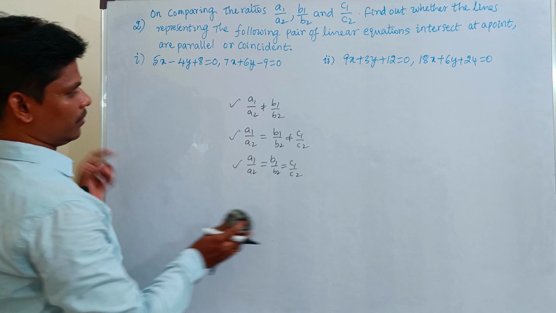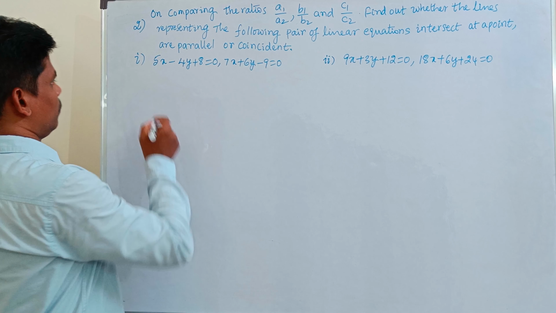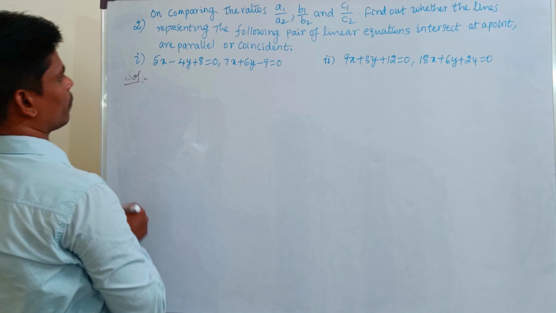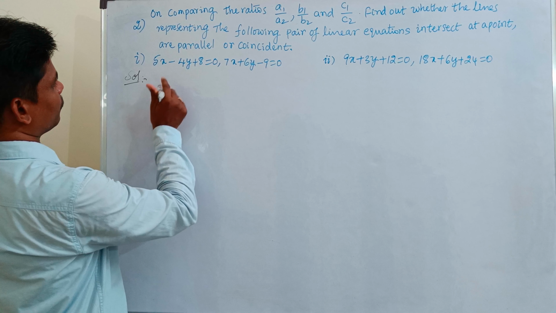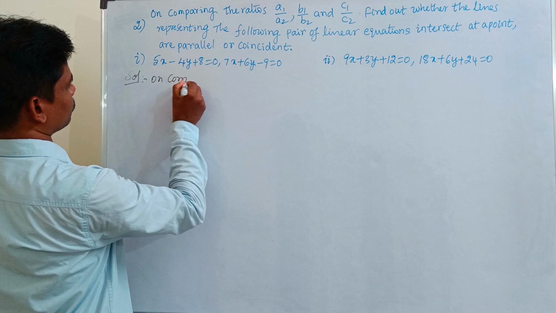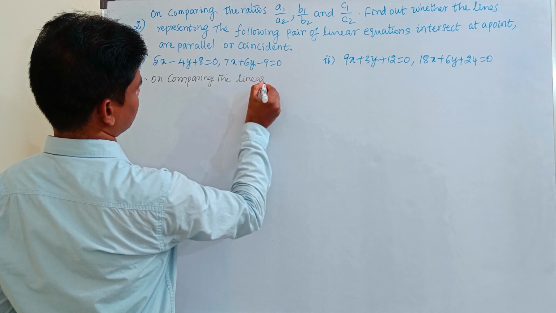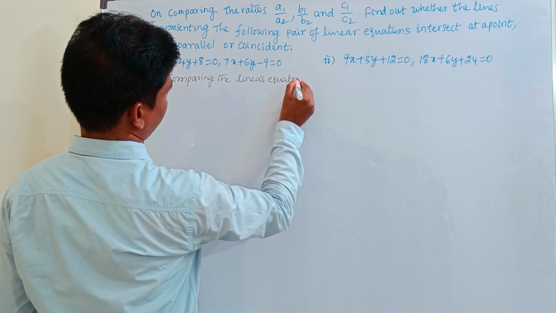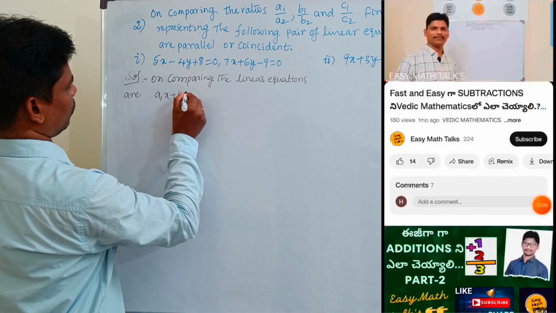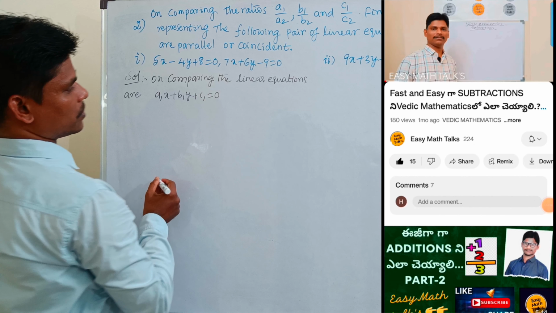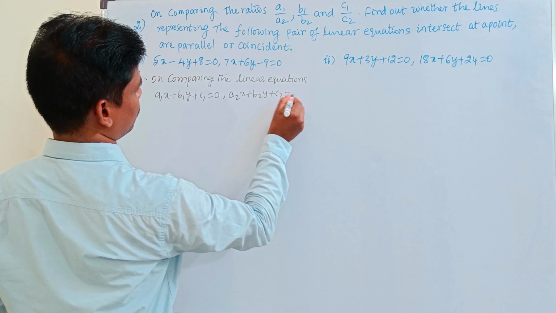First, on comparing the linear equations: the linear equations are a1x plus b1y plus c1 is equal to 0 and a2x plus b2y plus c2 is equal to 0.